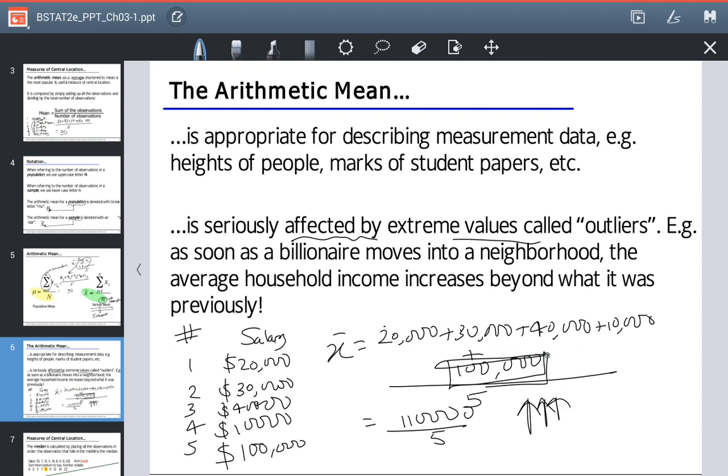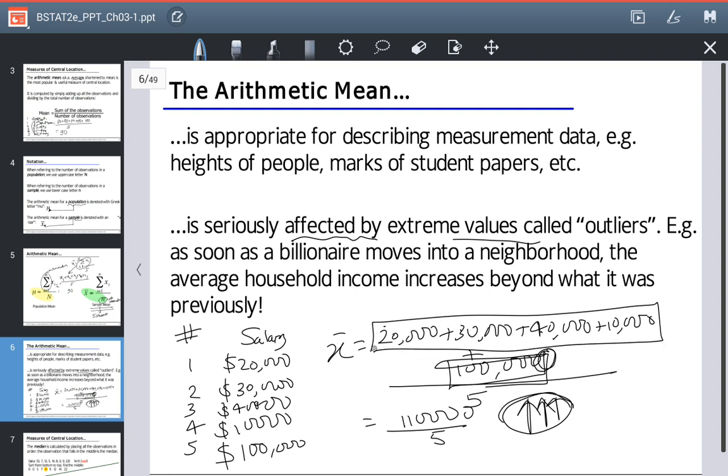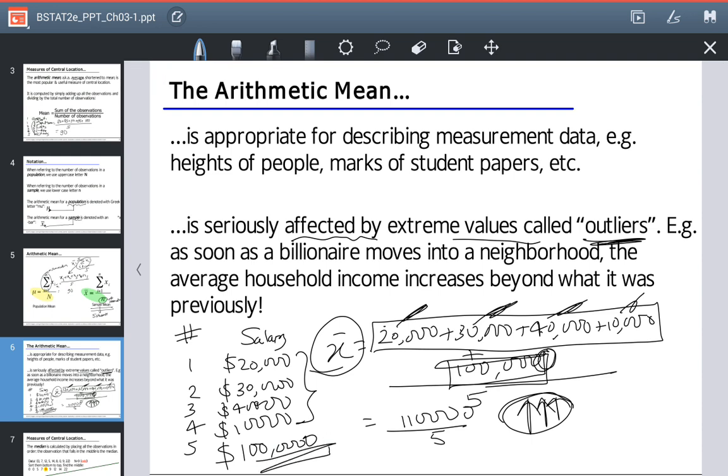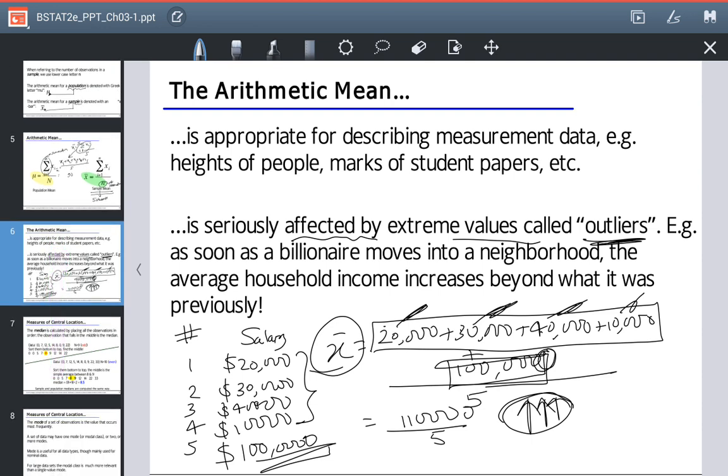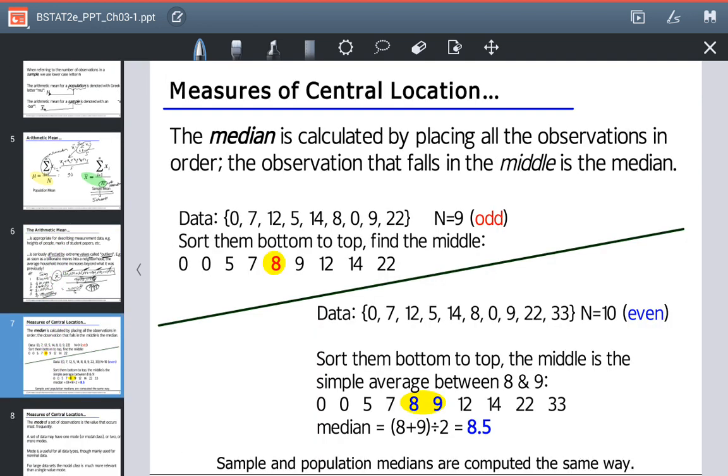And let's make the example more interesting. If you say that 1,000, so it's like a million, then this number will be really high, and it will not be representative of either of these numbers. So this might be in a high range of $100,000. And are the people in my sample actually earning that kind of money? No. So mean is not a good representation when there are extreme outliers. So when there is somebody in the neighborhood who has a high salary, then the mean is not a good representation of the data. So we will move to the second representation of the data, that is median.